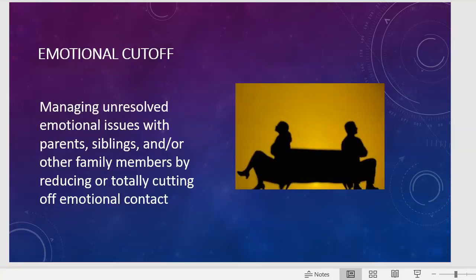Emotional cutoff is another family dynamic that occurs. This is where one family member manages their unresolved emotional issues with their parents or their siblings or another family member by reducing or totally cutting off their emotional connection, their emotional contact.